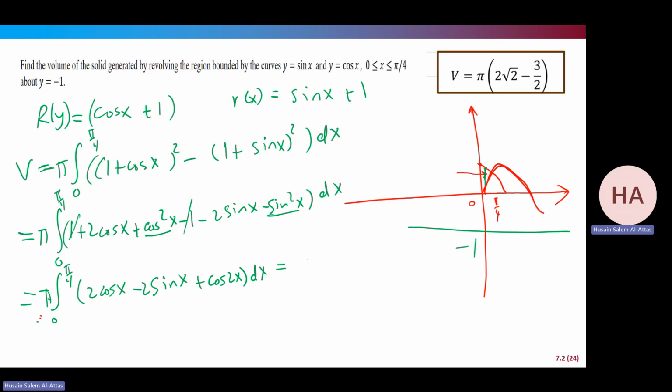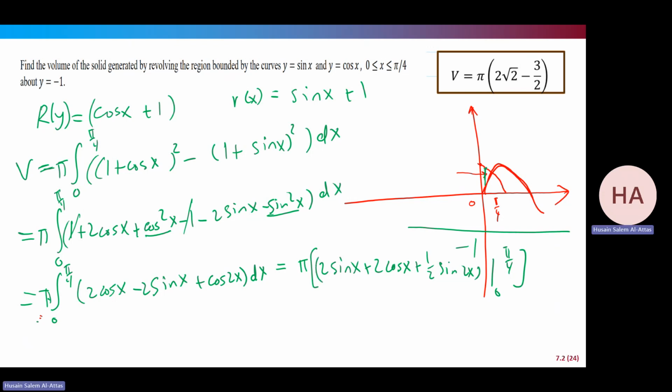Let's do the integral now. I have 2 sine x plus 2 cosine x plus half sine 2x from 0 to pi over 4.